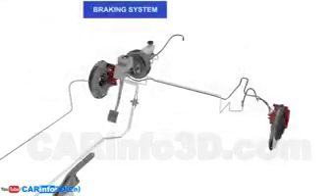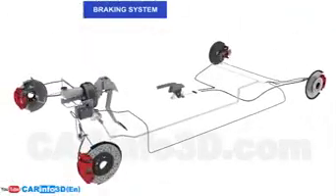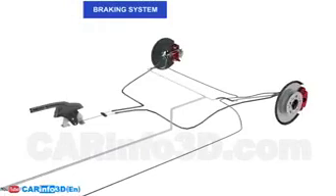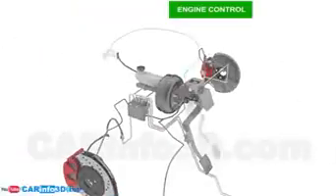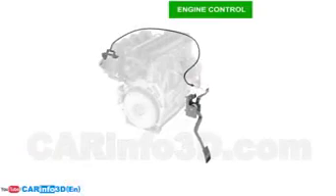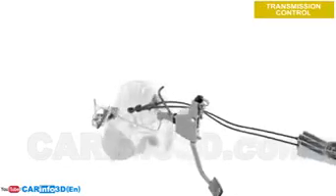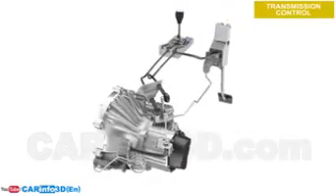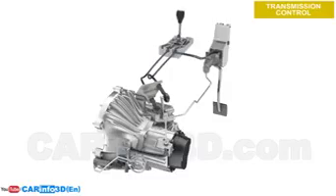The braking system is required to slow down and stop the car, as well as to keep it in place. Engine control is used to alter the engine torque. This is an obsolete model with a mechanical throttle valve. Transmission control is required to temporarily disconnect the engine and the transmission and select the desired gear or the desired gearbox mode.